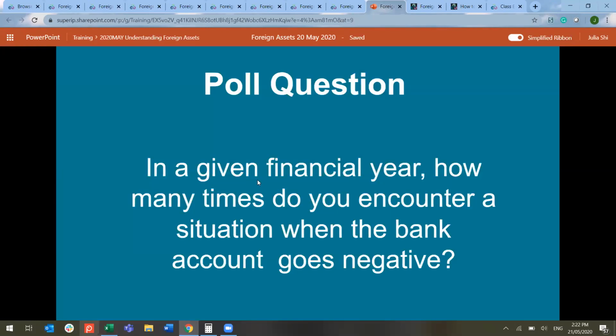So another poll question: in a given financial year, how many times do you actually encounter a situation when the bank account goes negative? I'm just gonna launch this poll question. There we go. All right. Maybe less than 5 times, or maybe 5 to 10 times, or more than 10 times, or maybe it's not relevant to you because you don't really have many foreign bank accounts.